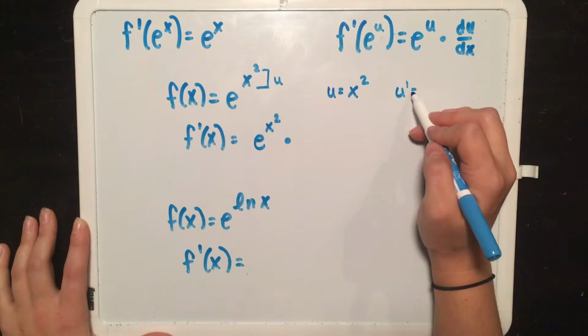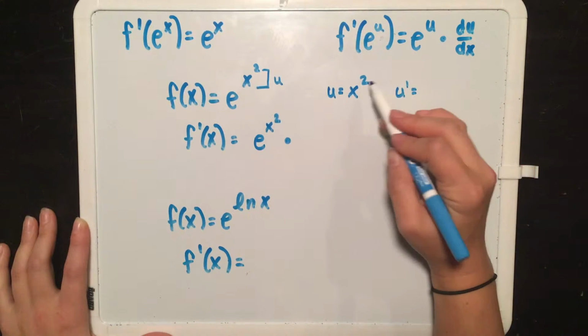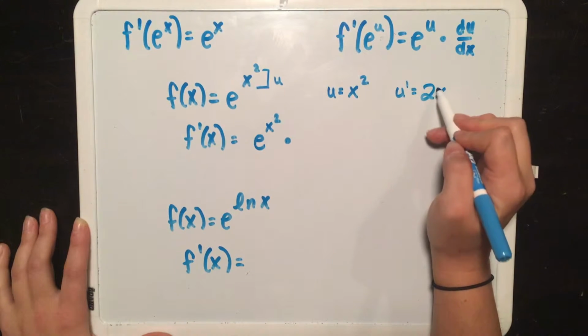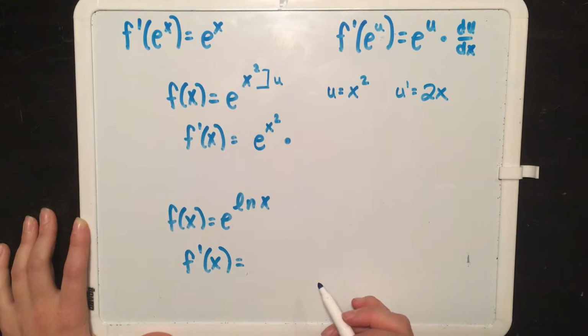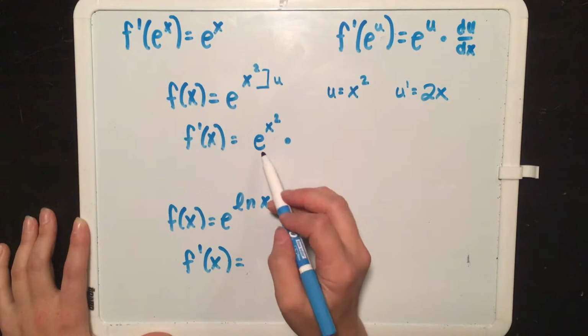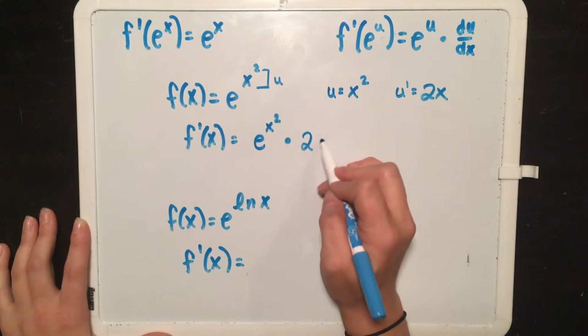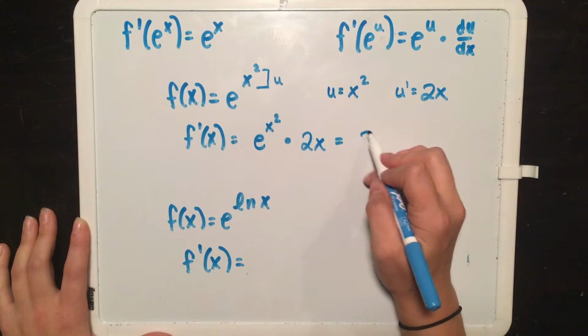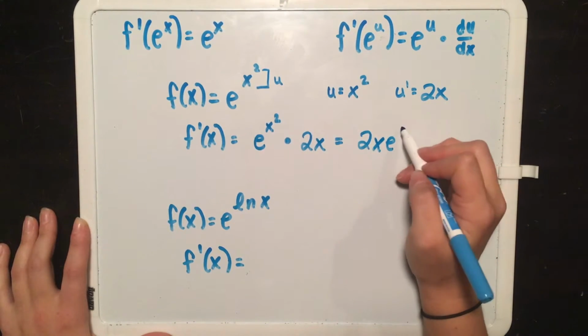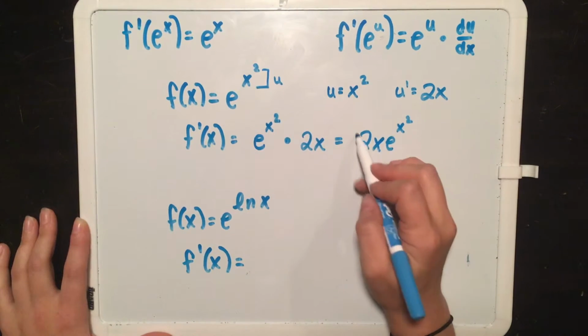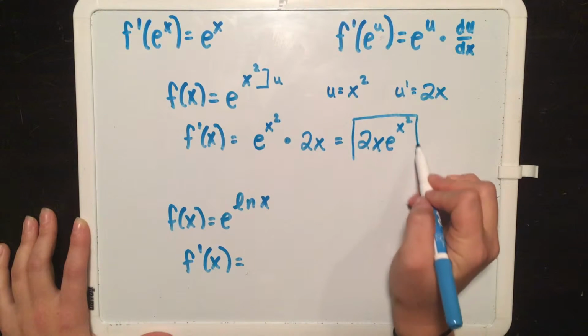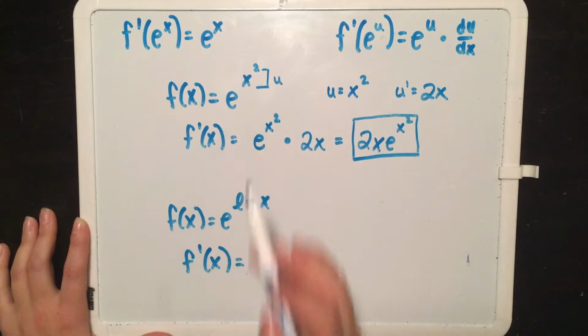U prime, using the power rule, we bring the 2 down, is just 2x. So we're going to multiply e to the x squared times 2x, and combining, 2x e to the x squared is our derivative of e to the x squared.